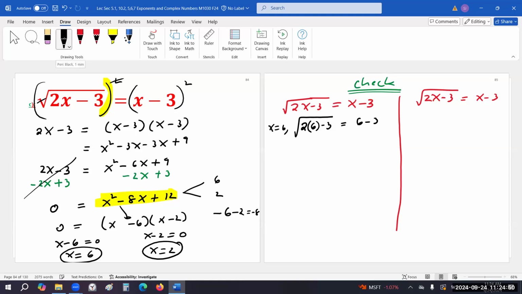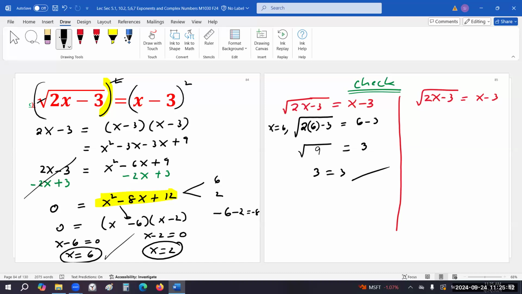Perfect. And then what do you get inside the radical? And then the other side? What is the square root of 9? 3. So x equals 6 is correct.